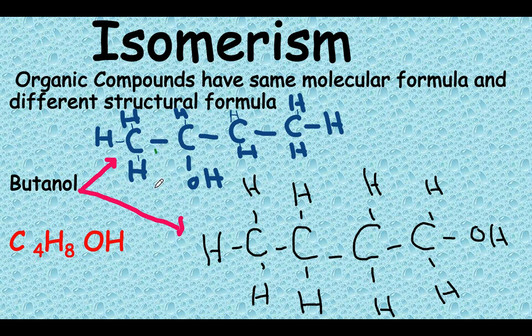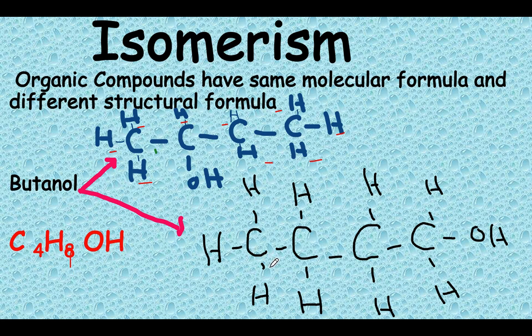How many hydrogens? 1, 2, 3, 4, 5, 6, 7, 8, 9. So they have 4 carbons and 9 hydrogen atoms, plus OH.